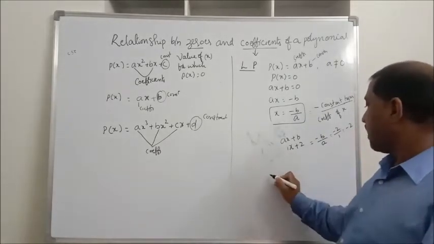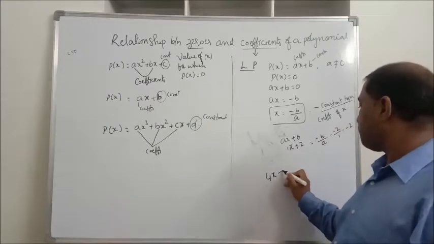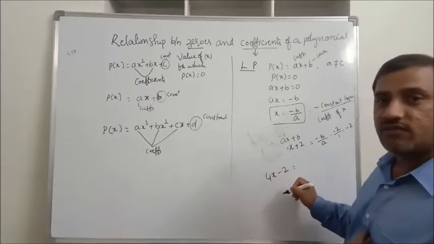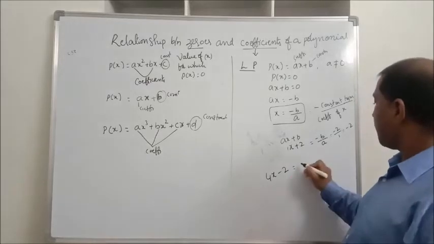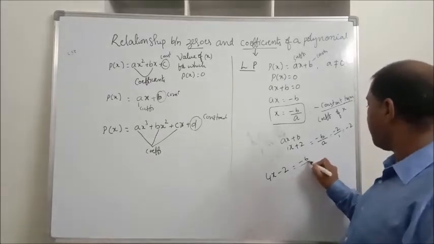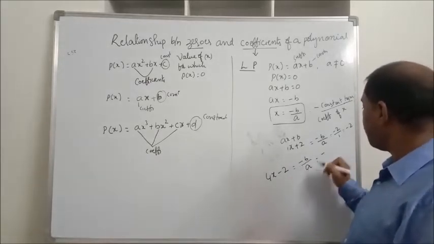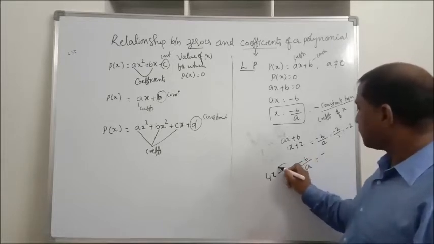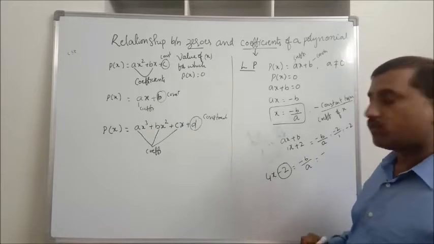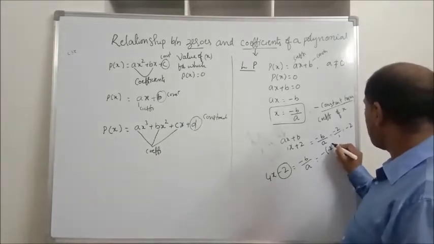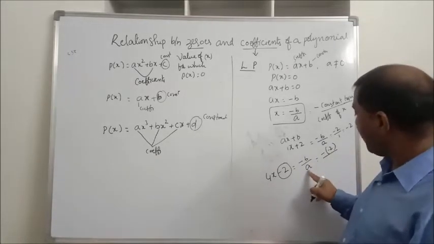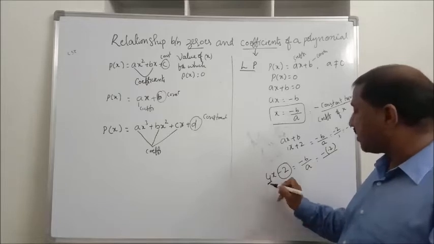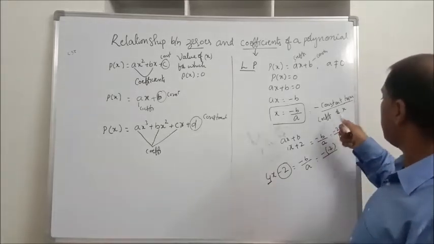For example, if you want to find the zero of the polynomial 4x minus 2, that is minus of b by a. Minus b, where b is the constant term. What is the constant term here? It is minus 2. Therefore, we write minus 2 in the place of b, and a is nothing but the coefficient of x.